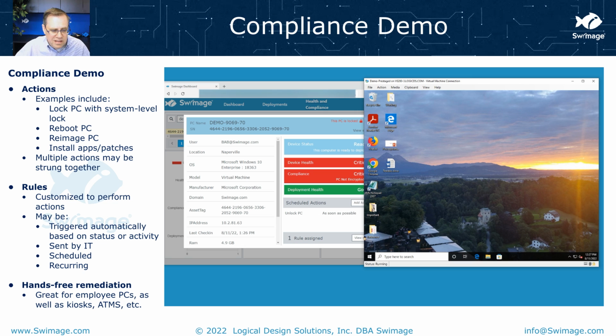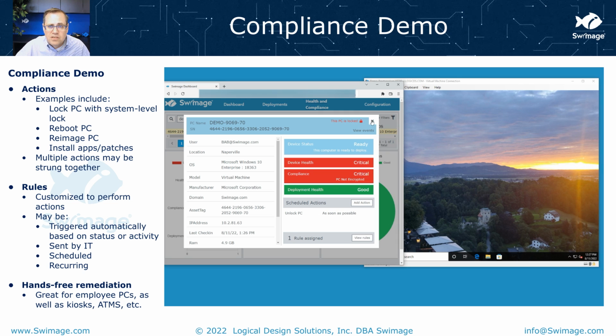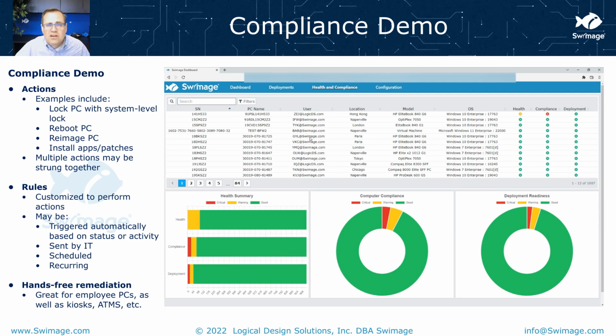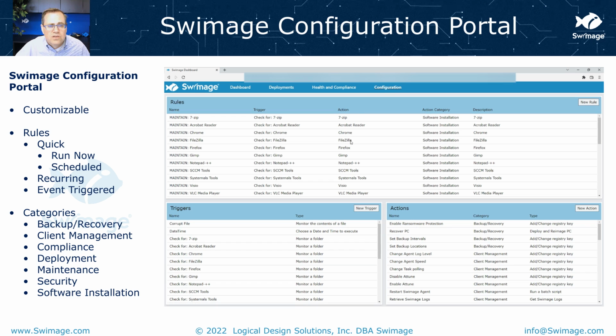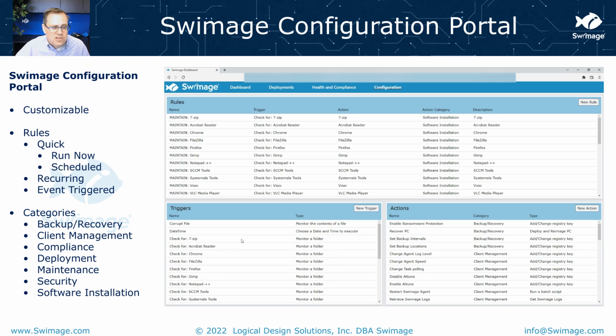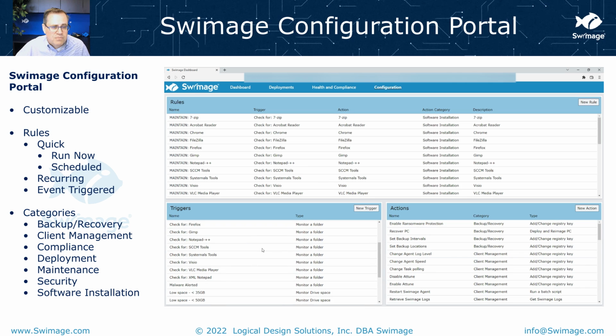Okay. So that's the compliance engine, and you can manage it pretty closely with that. So what I'm going to do is show you a little bit more about how the compliance is configured. I'll clear all the filters and go into the configuration. So it's basically built on triggers, actions, and rules. So in this area, you'll say, I want to check for certain triggers. So for instance, I want to say, check for GIMP. Is GIMP installed or not?